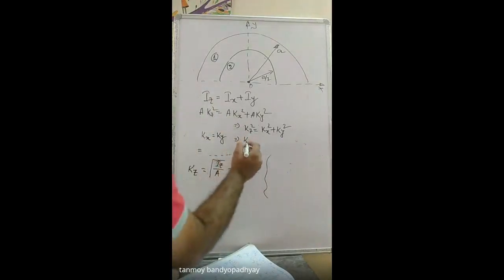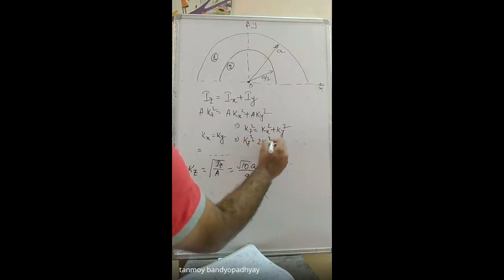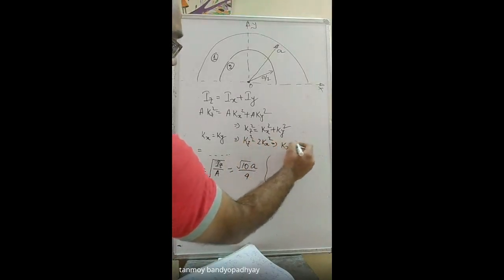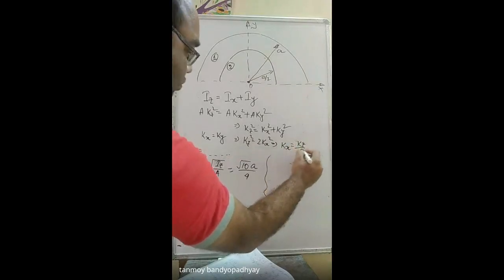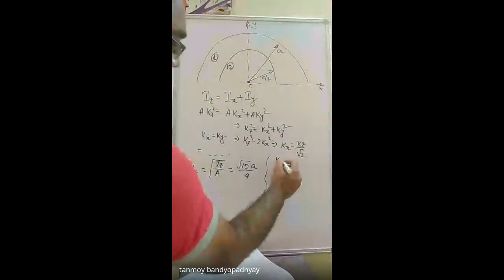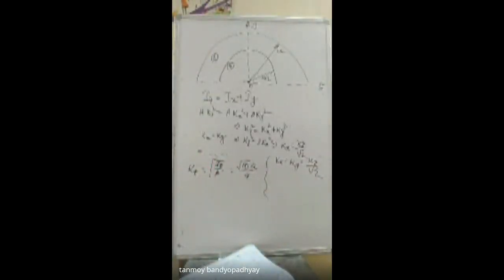So Kz square will be equal to 2 Kx square. So Kx will be equal to Kz by root 2. So Kx is equal to Ky is equal to Kz by root 2. Okay?